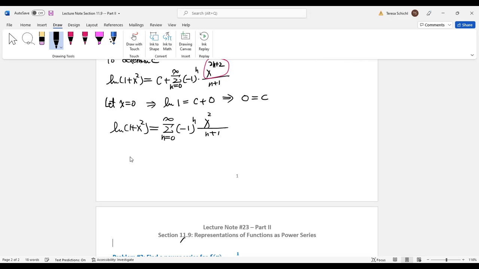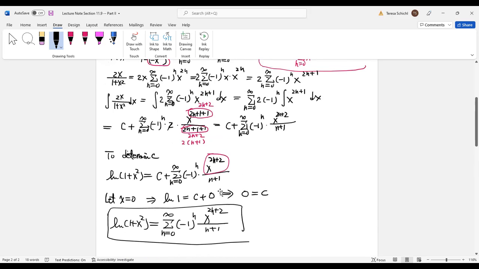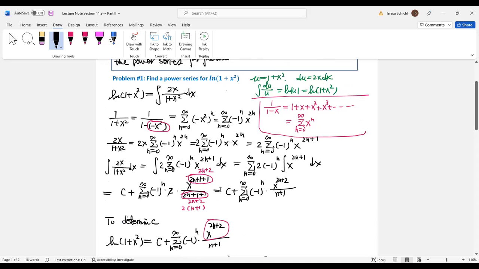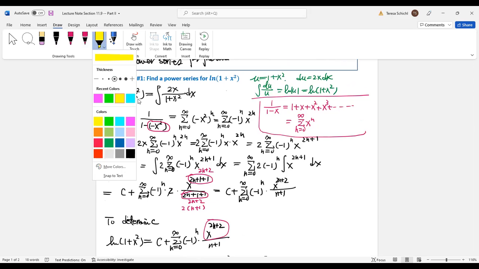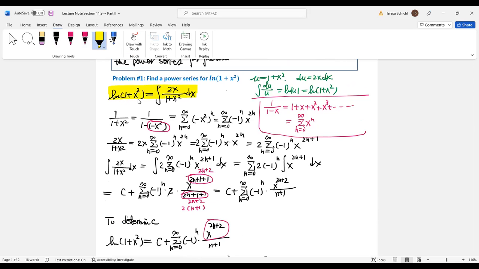All right, so the most important part here is you need to be able to say, oh, I spotted it, right? I know the natural log of 1 plus x squared, I can change that to the integration of 2x over 1 plus x squared.